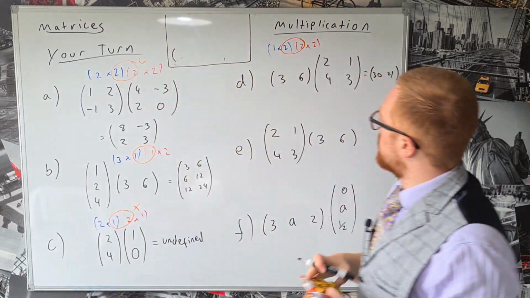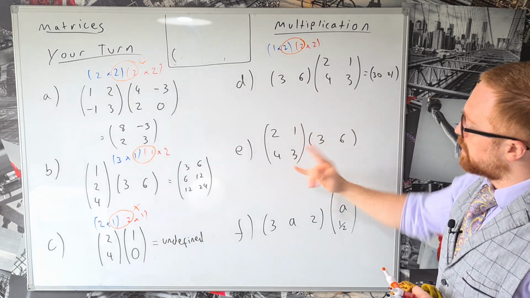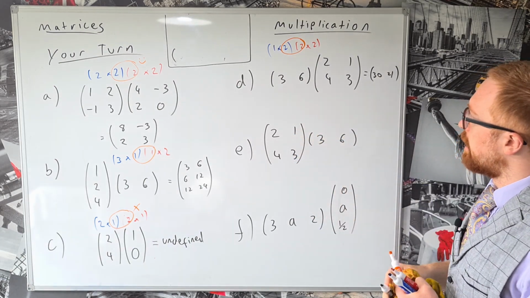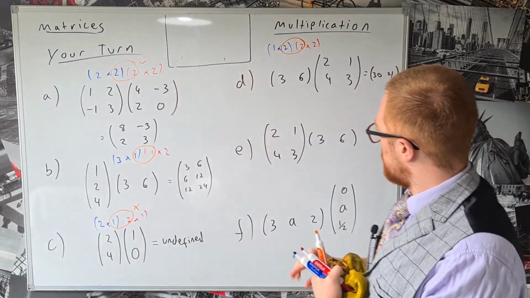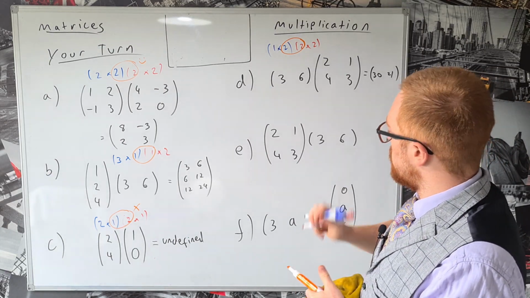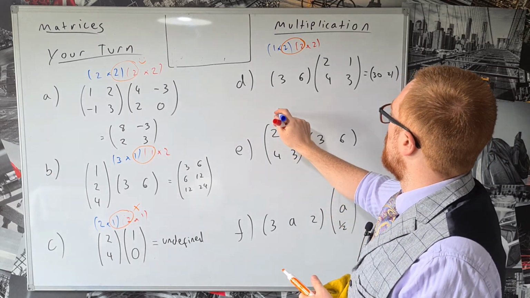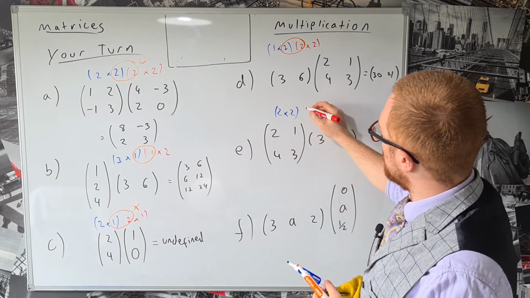Okay, let's have a little go at E. So you should notice that D and E are just the same multiplication, but the other way around. Let's have a quick look here then. So this is a 2 by 2 matrix times a 1 by 2 matrix.